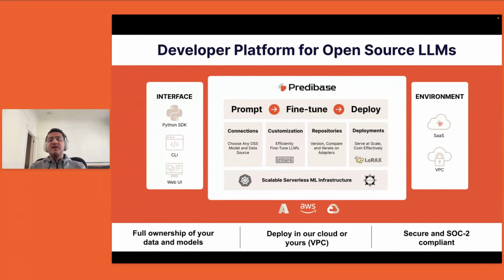And then you can serve it at scale in a cost-effective way using LoRAX, our open source serving repository. And all of this is possible by either deploying in our cloud, which we call Predibase Cloud, or in your cloud, so VPC. And we are SOC 2 compliant, and you get full ownership of your data and models.